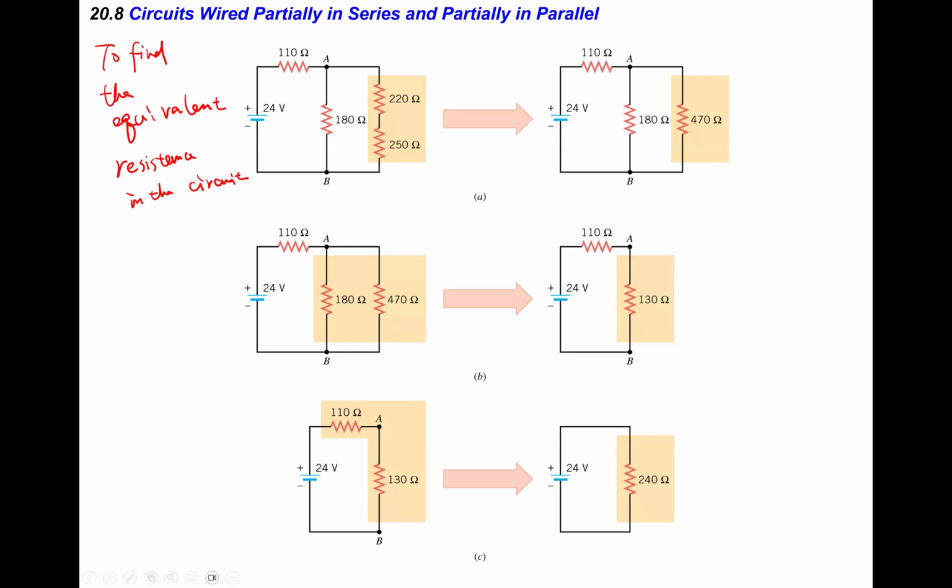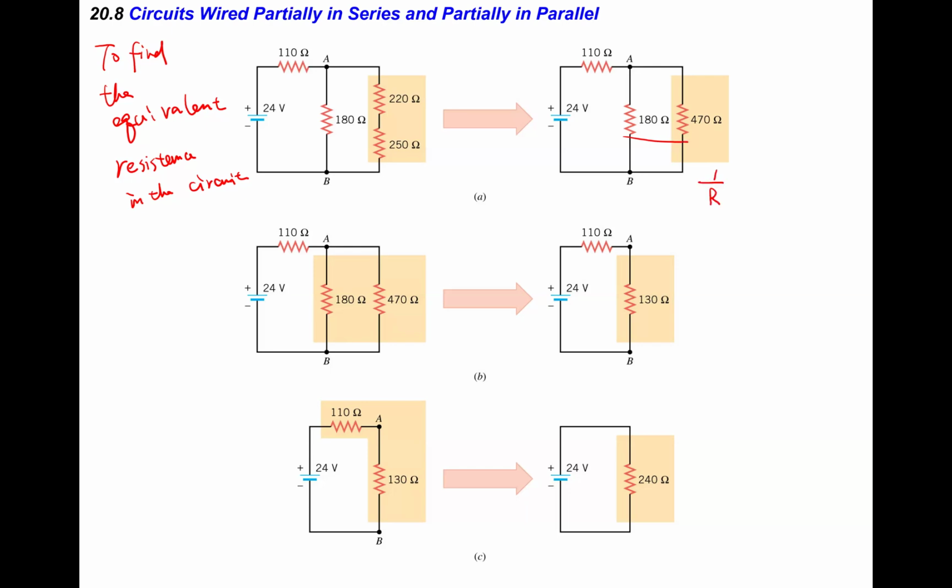These two are connected in series, and then these two together are connected to the 180 in parallel, and this whole thing is connected to the 110 in series. How can we do that? We do the 220 and 250 together, we get 470, and 470 and 180 are connected in parallel.